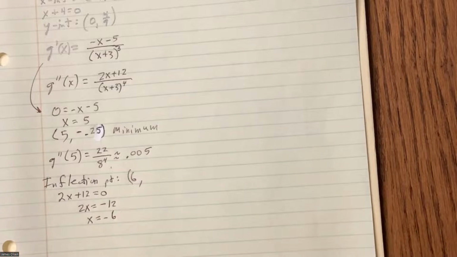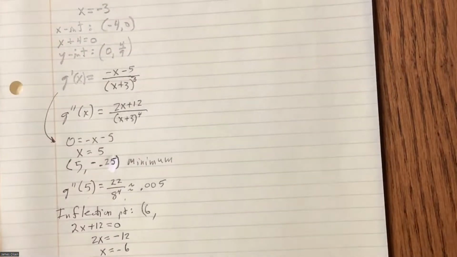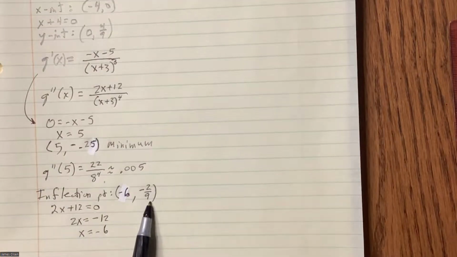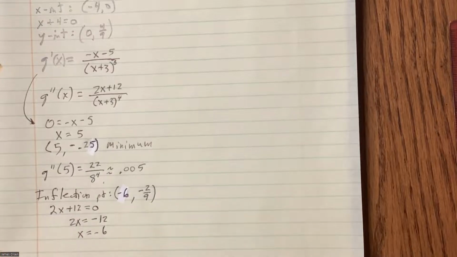Now we need the output, so let's substitute negative 6 into our original function with a calculator. We get negative 2/9. So the inflection point is negative 6, negative 2/9.